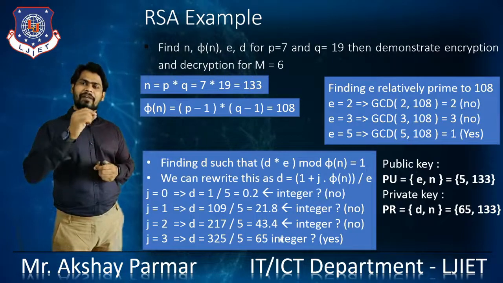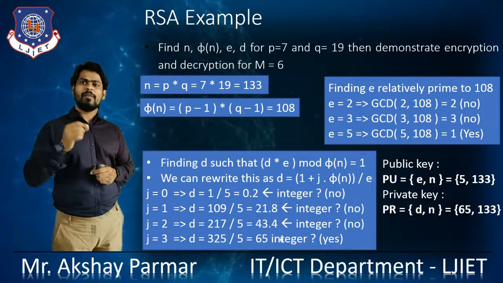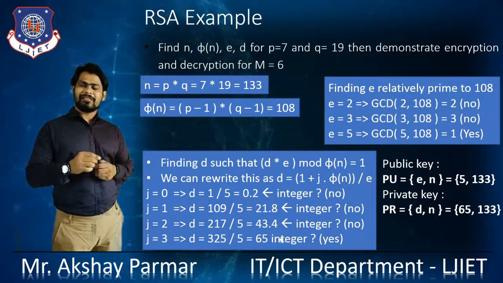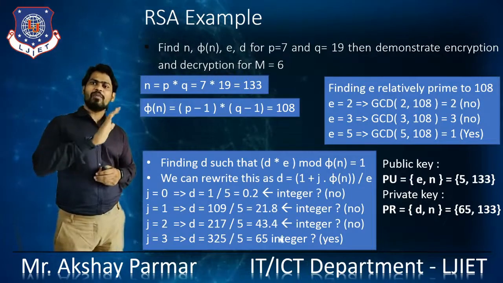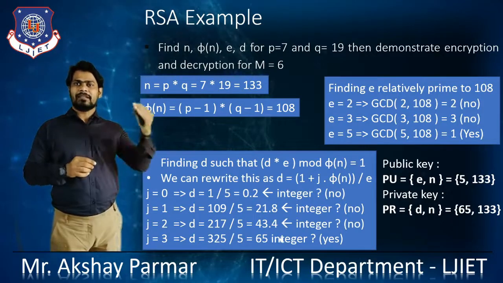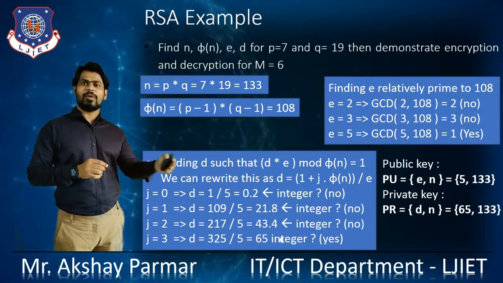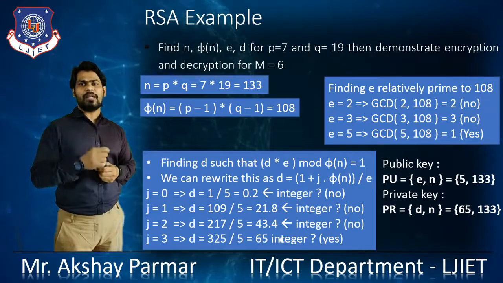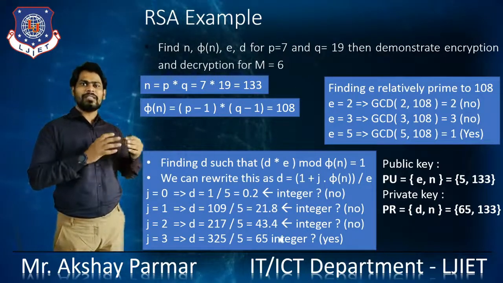After that, phi(N). Phi(N) is Euler's totient function. What is phi(N)? Phi(N) is equal to (P minus 1) into (Q minus 1), that is (7 minus 1) into (19 minus 1), that is 6 into 18, that is 108. So our phi(N) is equal to 108.